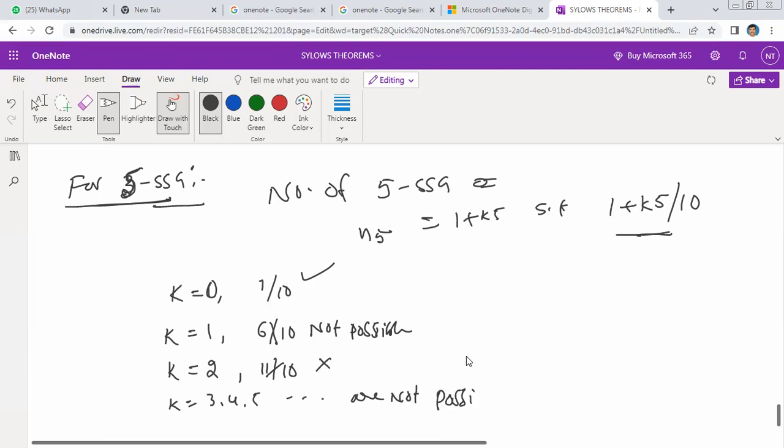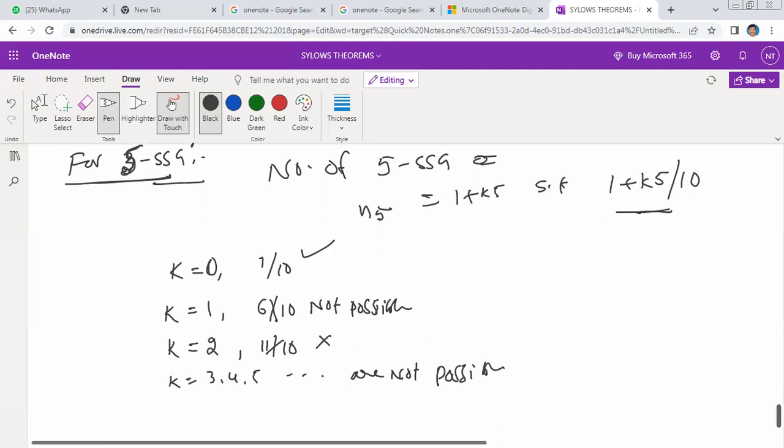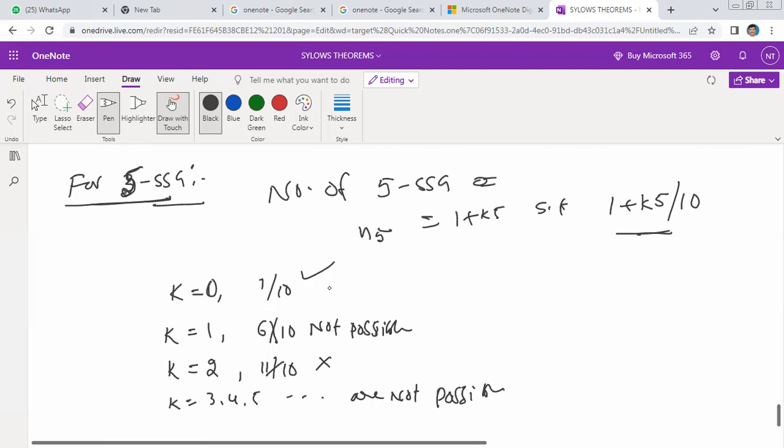Not possible. So when K is equal to 0, it is possible. So what is N5? Number of subgroups. N5 is equal to 1 plus K into 5, this is 0 into 5, which is equal to 1.